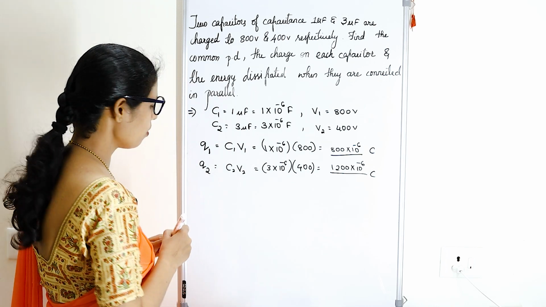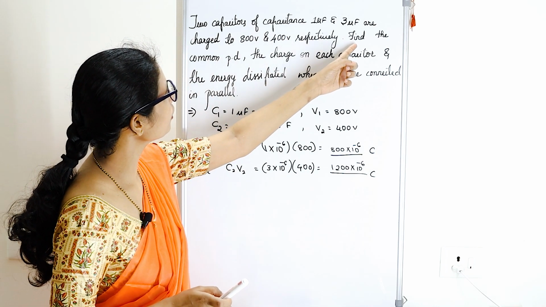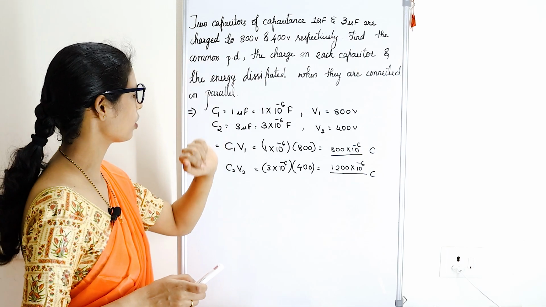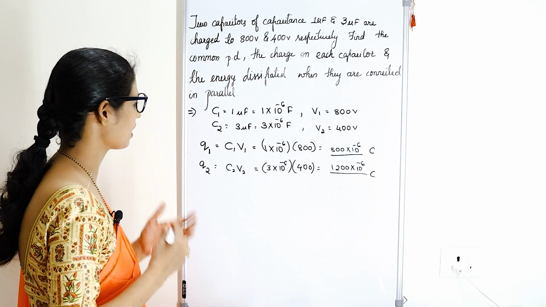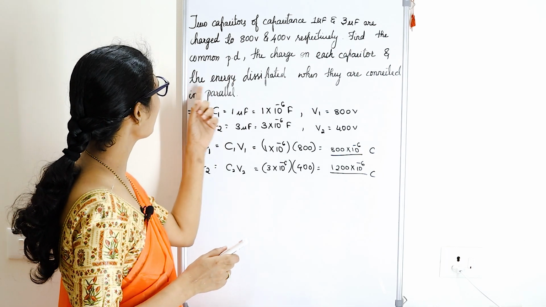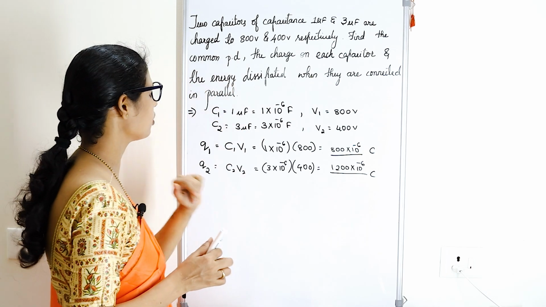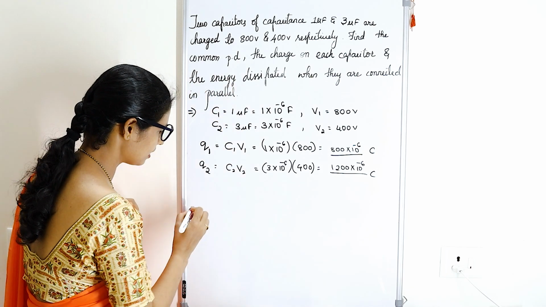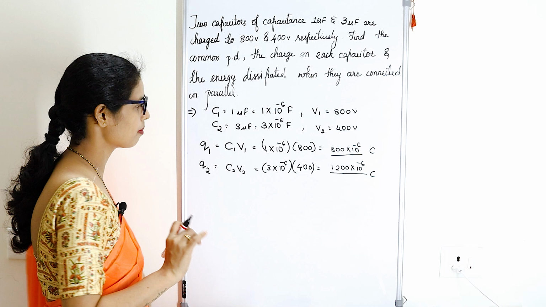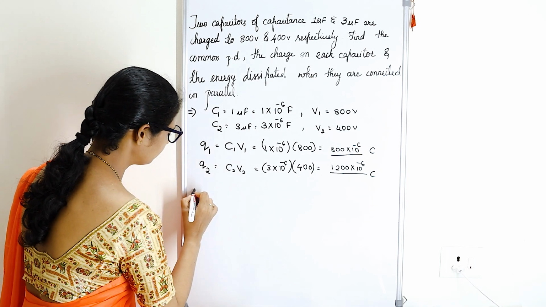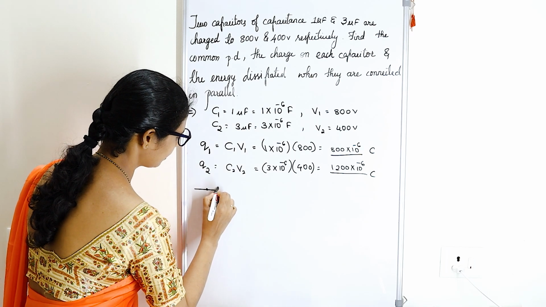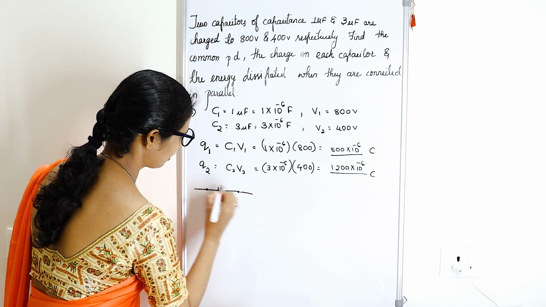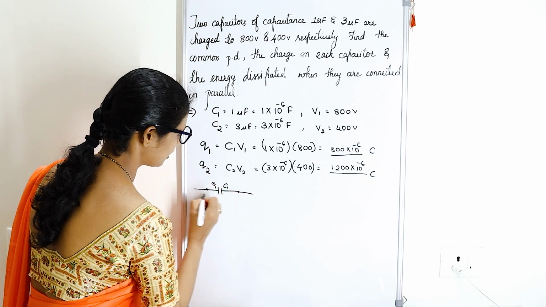Now you need to find the common potential difference. The charge on each capacitor is also fine. Then the energy dissipated when they are connected in parallel. So here I'll consider a condition. I'll just draw a diagram and show you. Let's say this is a capacitor, and this is Q1 and this is C1.